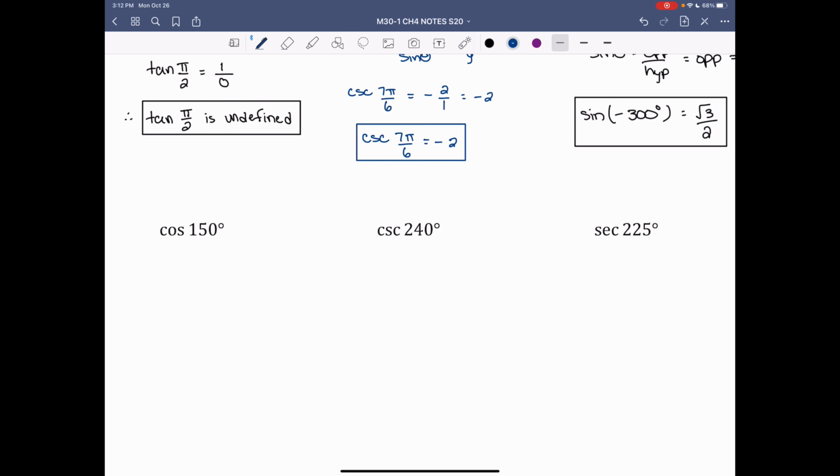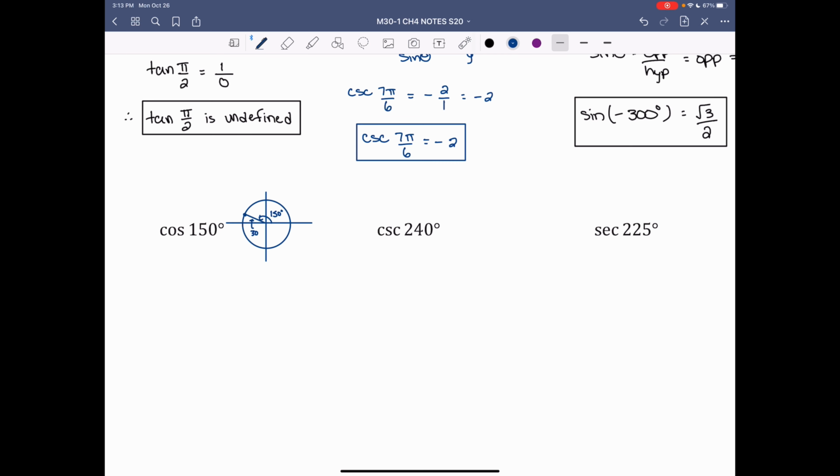Cos of 150 degrees. Start with our diagram. 150 degrees is 30 degrees less than 180, so about here. Our reference angle is 30 degrees. And then we want to know our coordinate point where the terminal arm meets the unit circle.